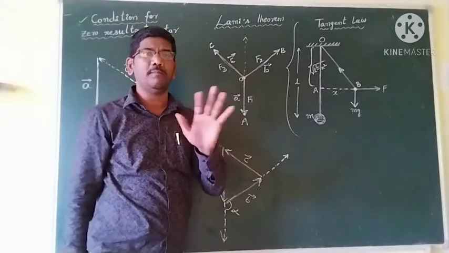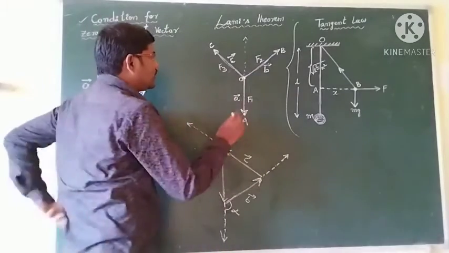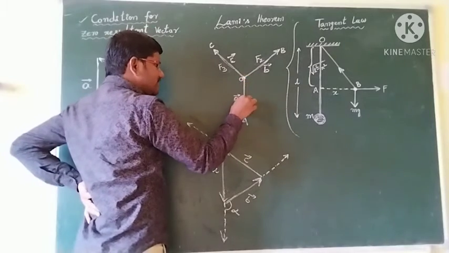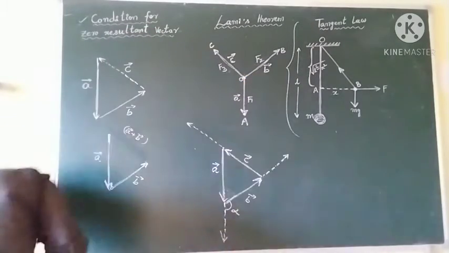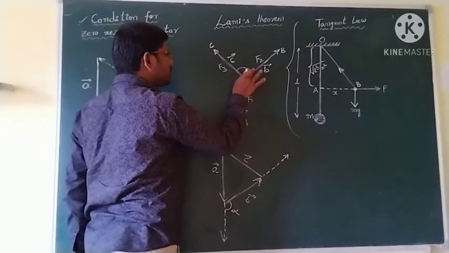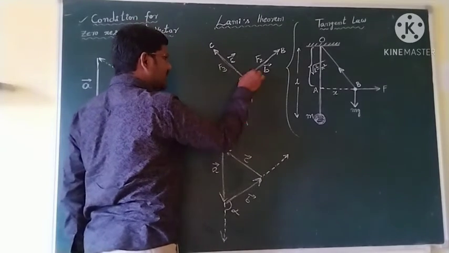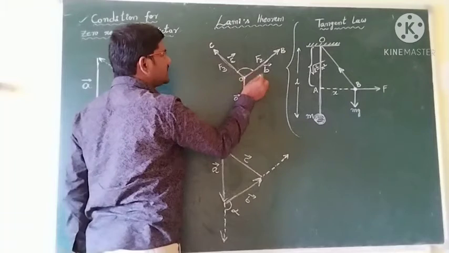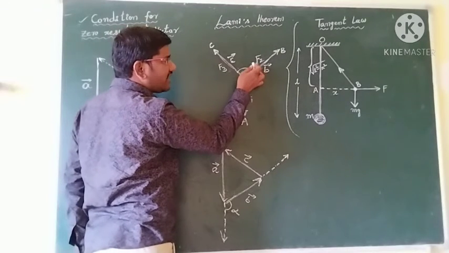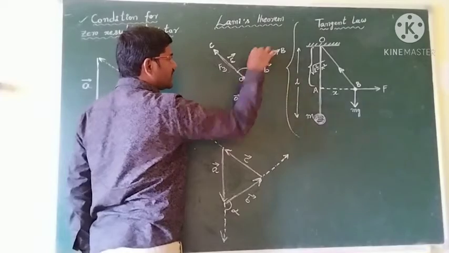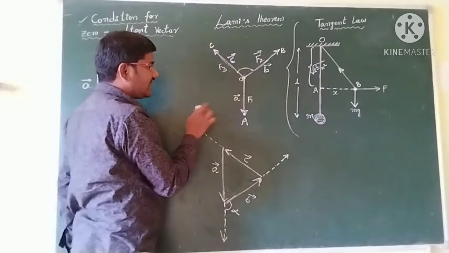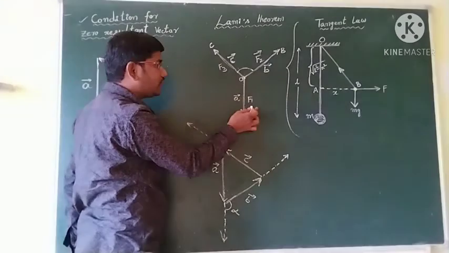Okay, students, now what I am taking, you see here, this is a side of the triangle. It is one side representing the angle opposite to it, meaning the angle between the other two vectors, B bar and C bar. B bar vector I have taken as force F2 vector. C bar vector I have taken as force F3 vector. And A bar vector I have taken as the force F1 vector.